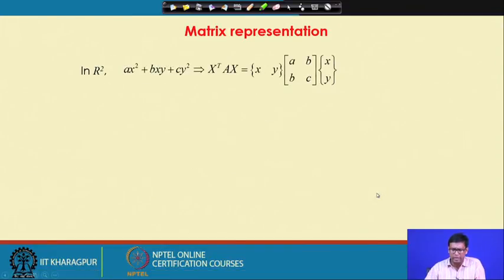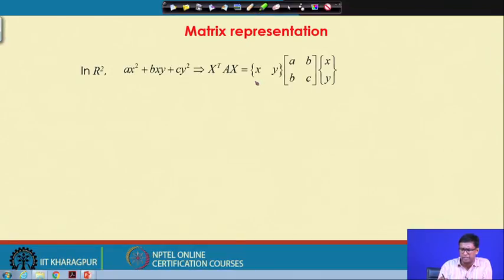So, we can say in R2, the function f(x, y) is x square plus b x y plus c y square, it is positive definite, that means it only has positive values except at x equal to 0, y equal to 0, which is the only location where it has a 0 value. So, we can represent this function as x transpose A x, where (x, y) is the x vector. So, this is x transpose, this is A and this is x.